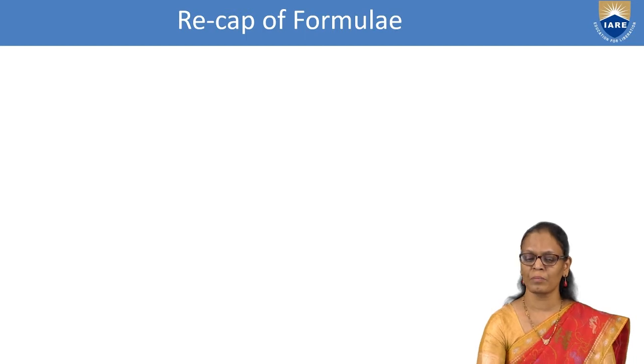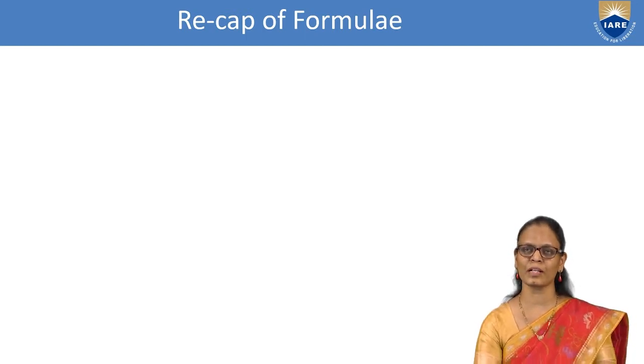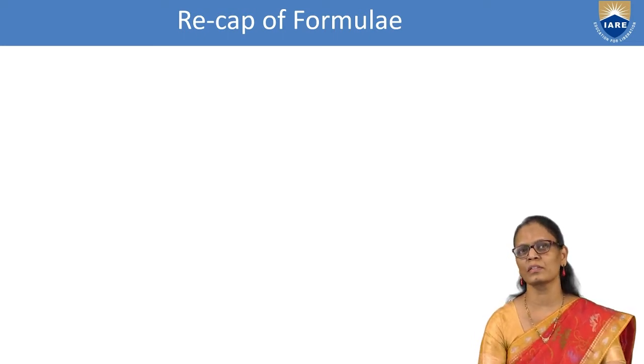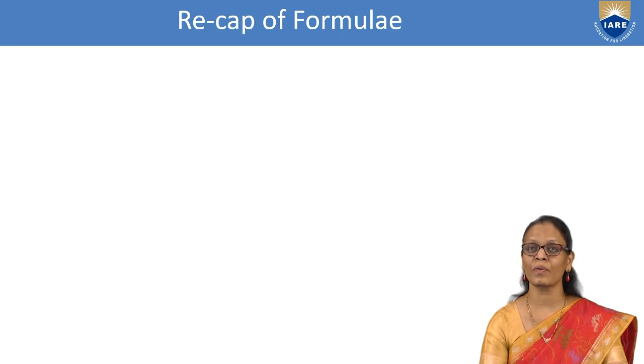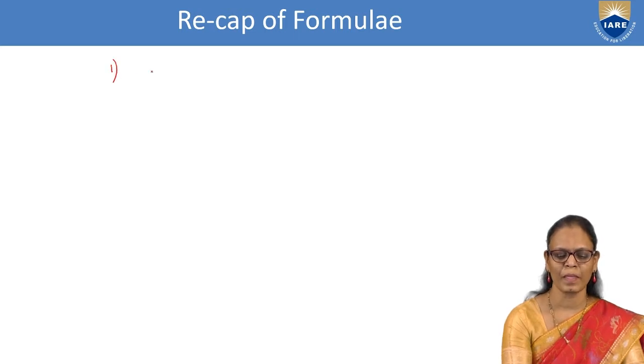Now, before going into the numericals, we are going to solve some numericals based on de Broglie wavelength. So before we solve them, we'll have a quick recap of the formulae that we are going to use. The first one is lambda is equal to h upon p.